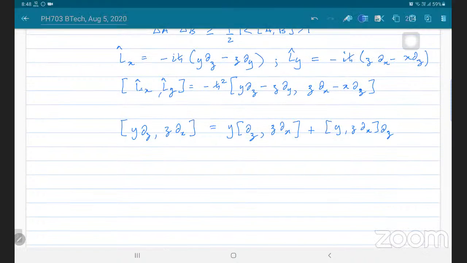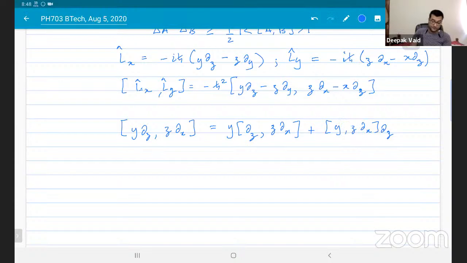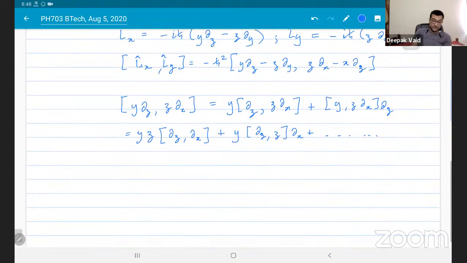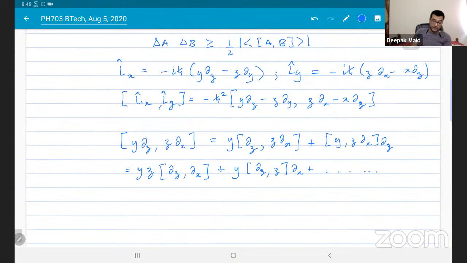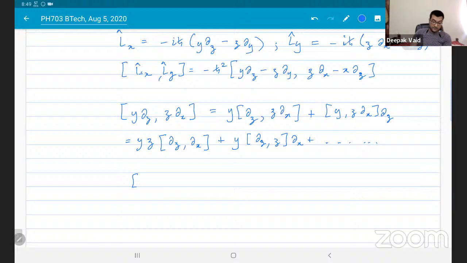And then I can do the same thing for the second term. So then I will get y times, for the second term, z ∂z ∂x plus y times ∂z comma z ∂x, and so on. So when you do this calculation, what you will find is, I'll leave the calculation as an exercise.